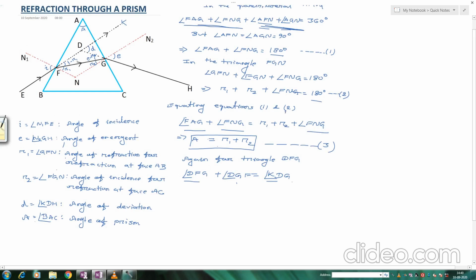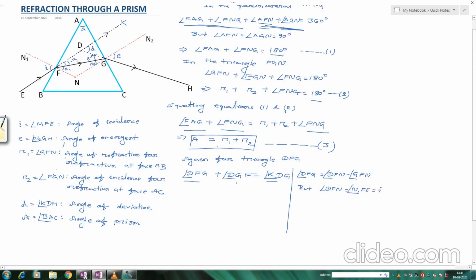Again, angle DFG is equal to angle DFN minus angle GFN. But angle DFN is equal to angle N1FE.